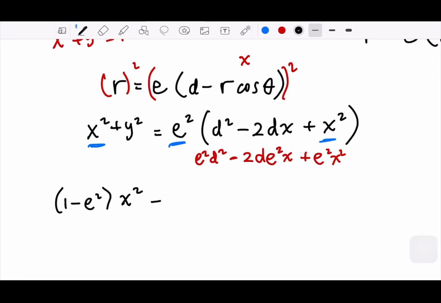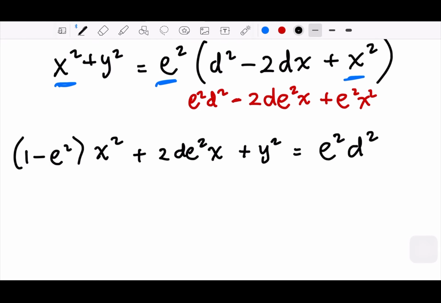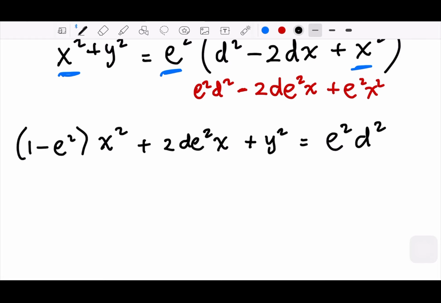Let me move on to the left, plus 2 d e squared x plus y squared, and this will be e squared d squared on the right. Okay. It seems that we are almost there, right? We have x squared, we have y squared, right? At least if we want to make it an ellipse, this should be the important one, right? And now we have x here.